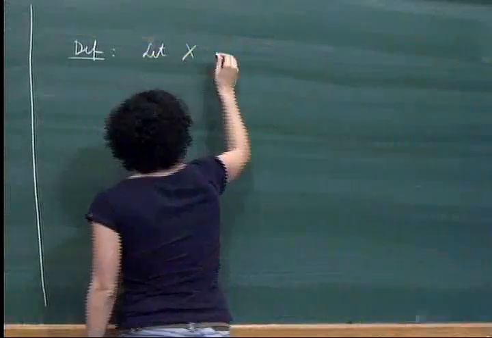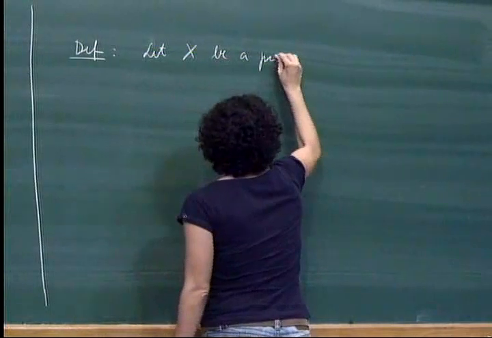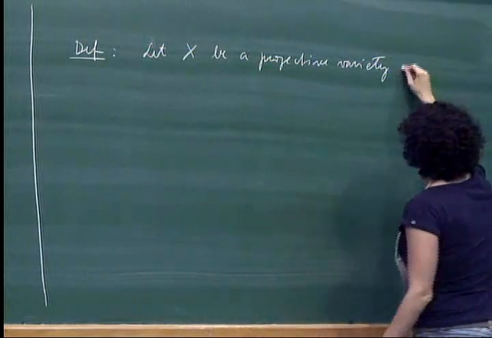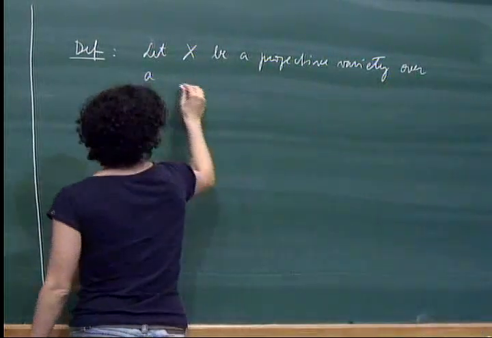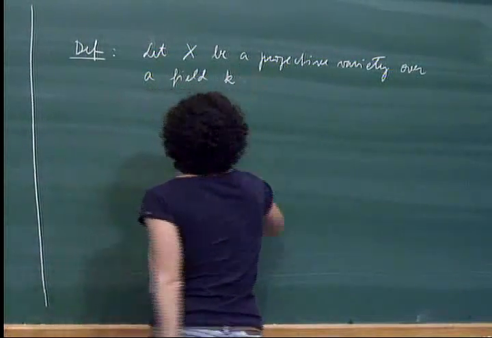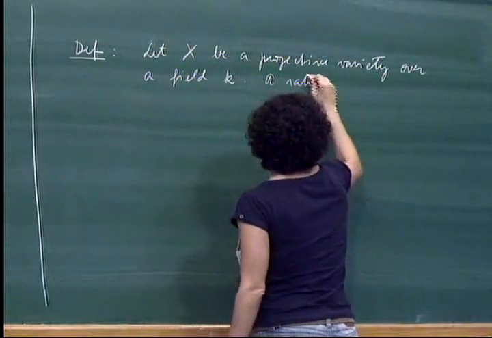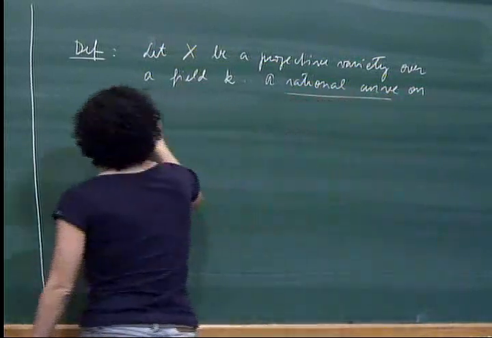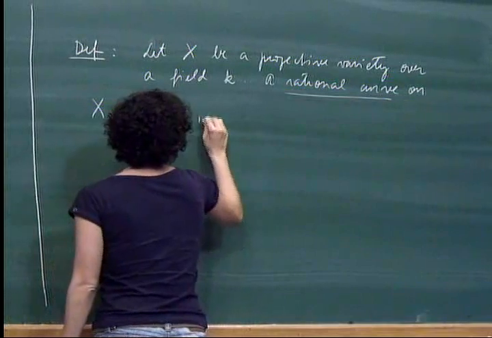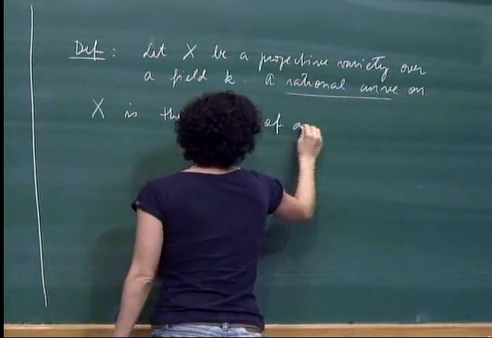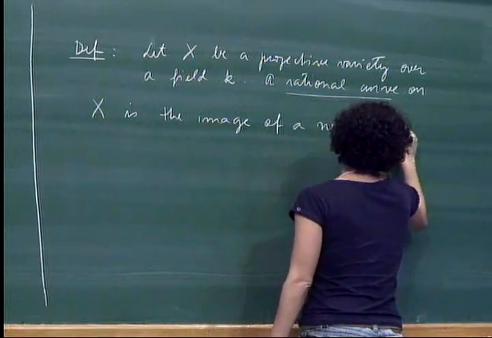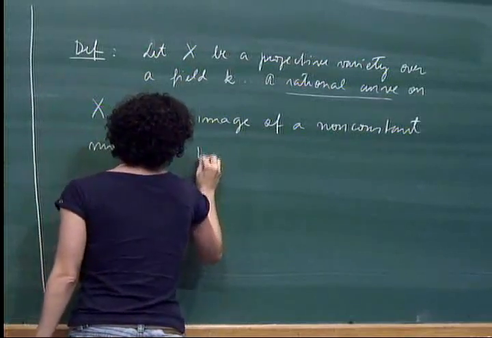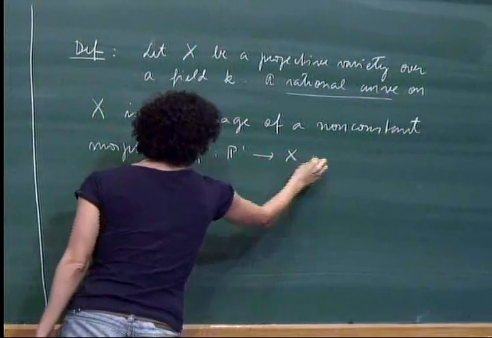So let me fix X, a projective variety over a field K. A rational curve on X is just the image of a non-constant morphism f from P1 to X.